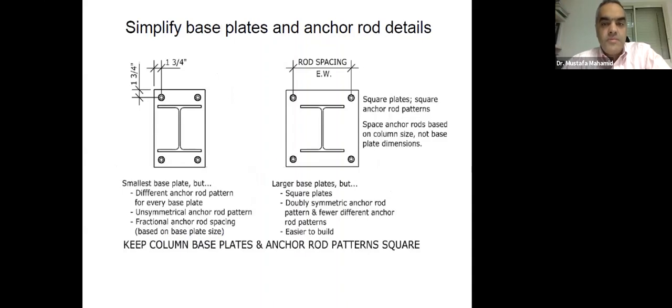So this could be simple, unless, of course, sometimes some columns and base plates are supported on top of walls. There is no way to have the configuration that you want. So in that case, there's no choice. But if you can, you can have a simpler and regular configuration of the base plates and the anchors.